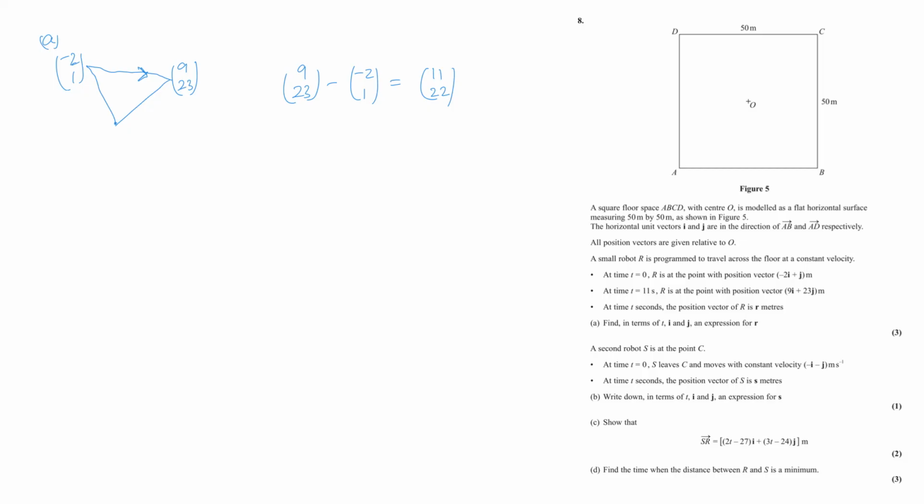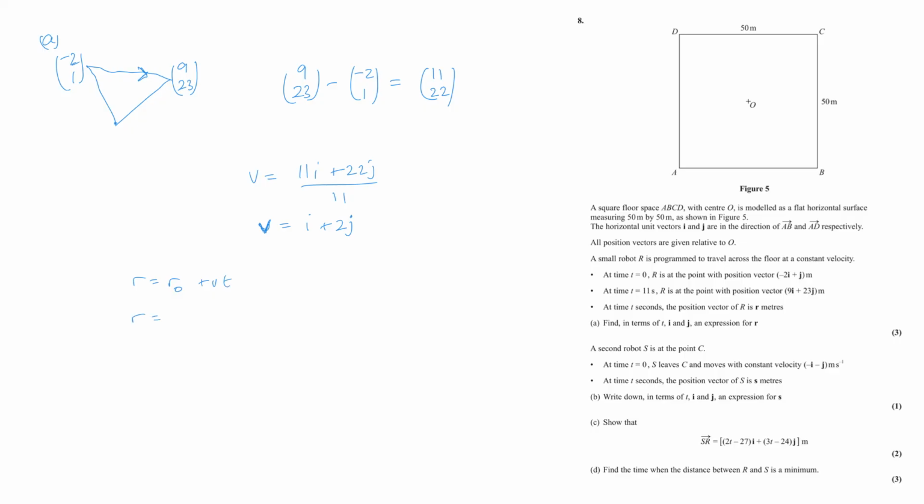And then this distance divided by the time, so 11i plus 22j divided by 11 will give me my v. So it's i plus 2j. Then r equals r naught plus vt.